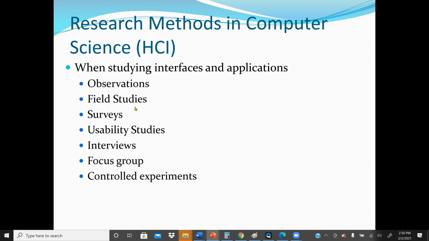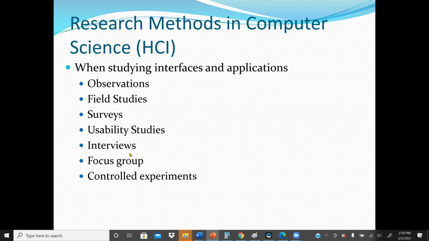We also have field studies. We also have surveys. Surveys can be questions we give to the participants after they finish playing the game. Maybe we can even give them a survey to see their interest in the game, how they feel about it. Usability studies are also the same thing. We give them the game to use, to play with, then we see their outcome, whatever they feel.